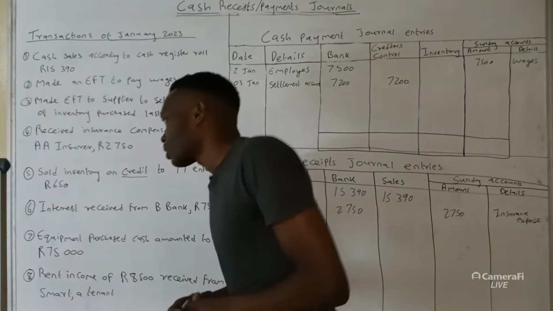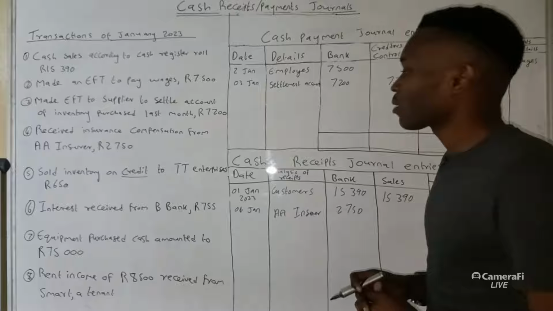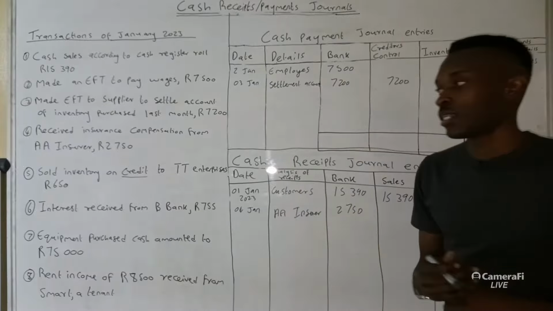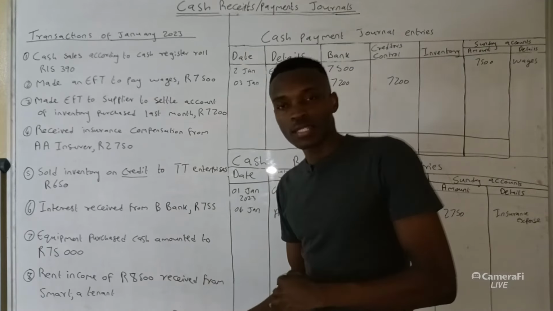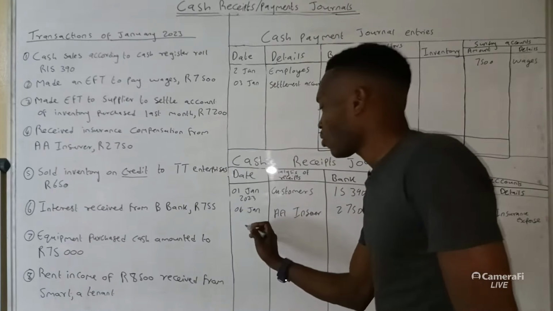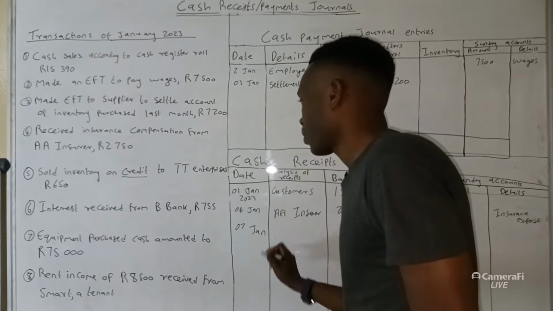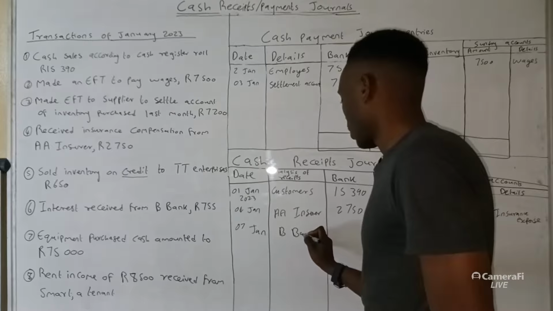Okay. Number 6, interest received from B Bank of 755 has been received. We received the interest, which means that it is the cash receipts journal. Okay, we receive interest on 7 January. We receive interest from B Bank.